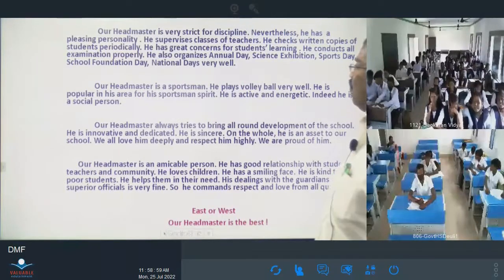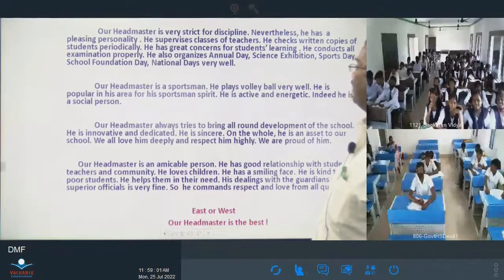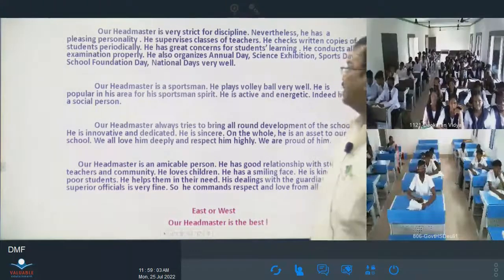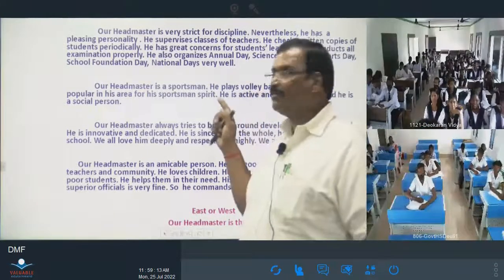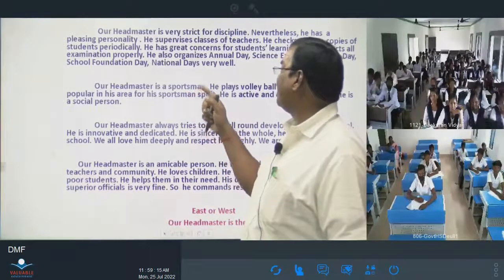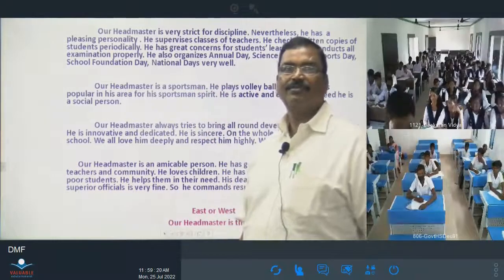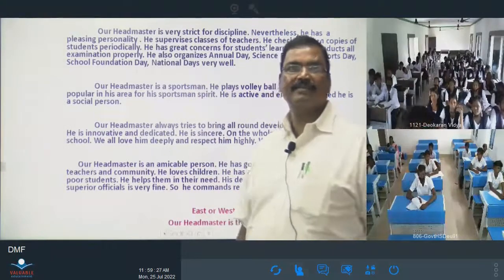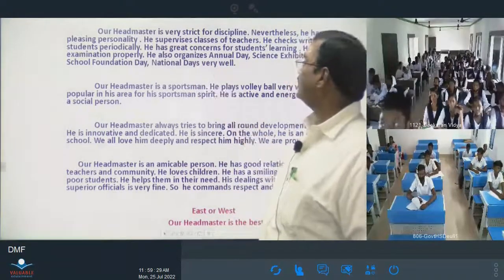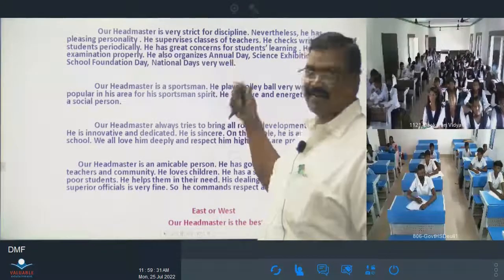He conducts all examinations properly. He also organizes annual day, science exhibition, sports day, school foundation day, national days very well. So here we find in this paragraph the nature of the headmaster, his duties, his abilities, etc.